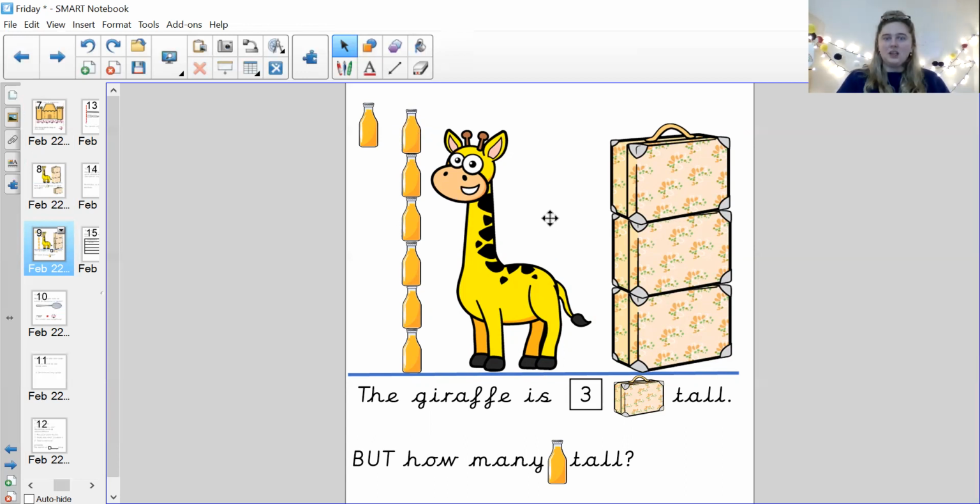So you can measure the same thing with different items and it makes a different answer because they're non-standardized units of measure. Okay, that's a complicated word, but it basically means that 3 suitcases is the same as 5.5 orange juice bottles.